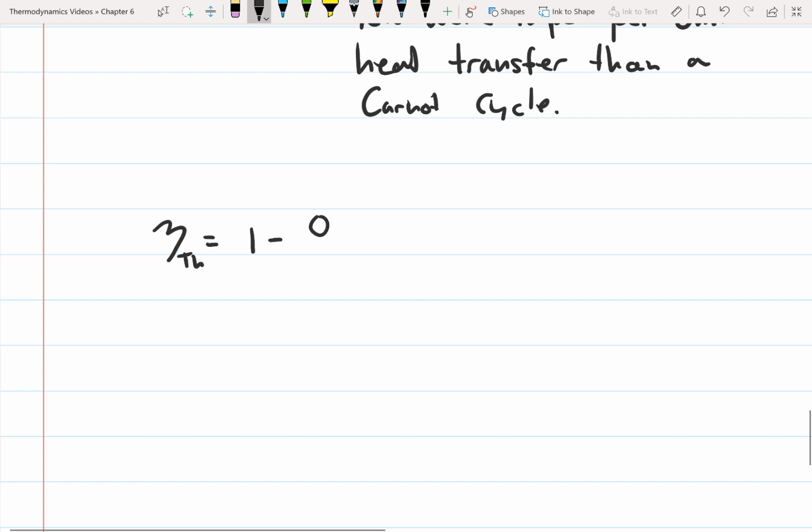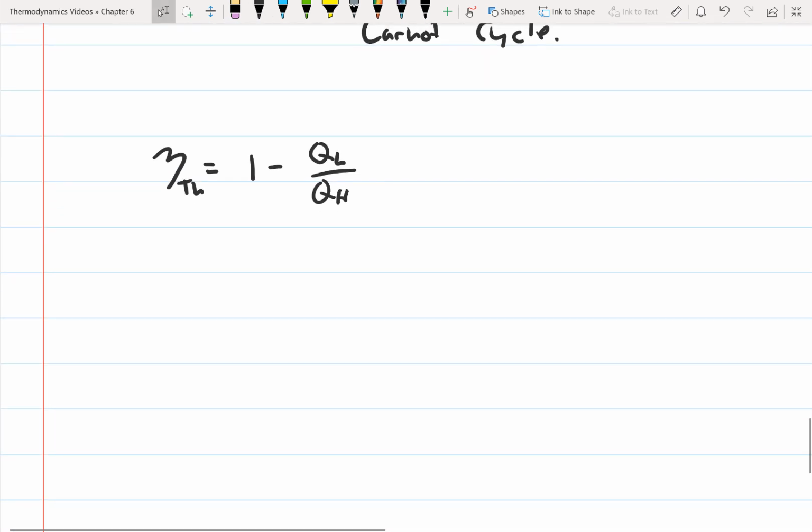The thermal efficiency is 1 minus QL over QH. And then if we look at the definition, from the definition of a thermodynamic temperature scale, QH over QL for a reversible process is equal to T high over T low.